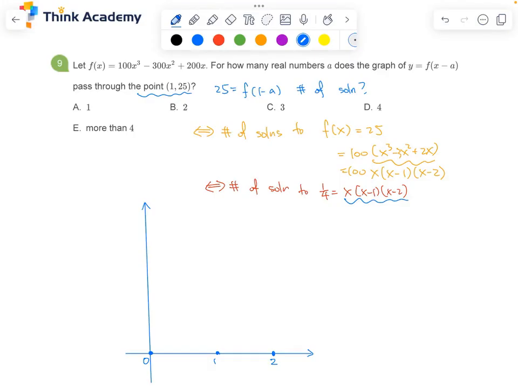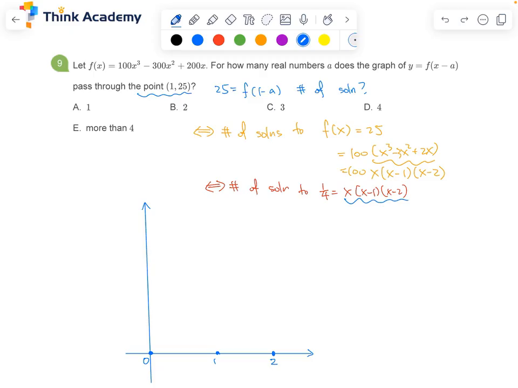Alright, so we are looking for how many a values make the graph of y equals f(x) minus a pass through 125. So basically, we are looking for the number of solutions of 25 equals f(1) minus a. And as you can see, I can simply change it to the number of solutions to f(x) equals 25.